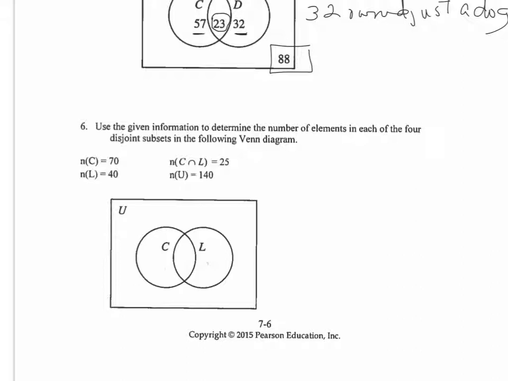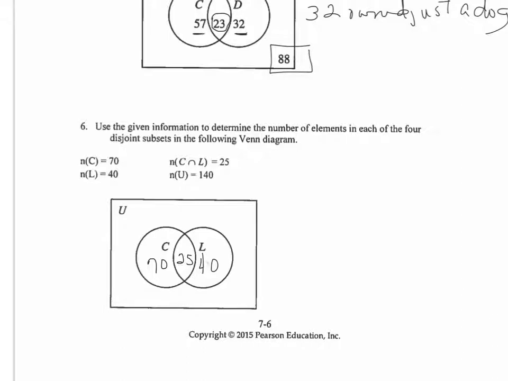The information we've been given is that the number that would be in just C is 70. Now, the number that's in just L is going to be 40, and the number that's in the intersection of C and L is 25.